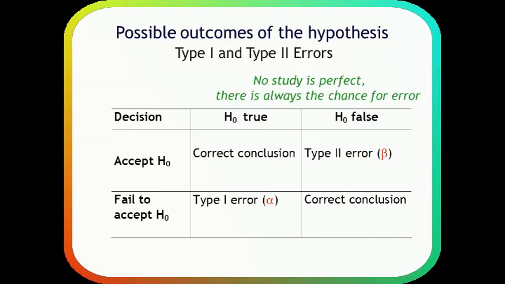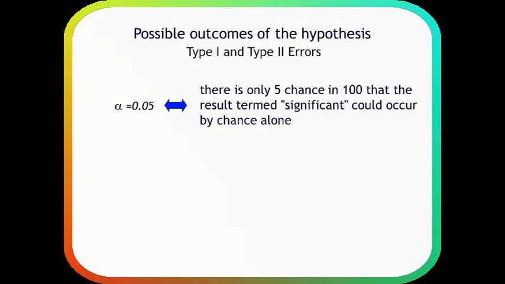Now let's talk a bit about alpha and beta and the relationship between them. If you remember, we said that we choose our alpha, which I also mentioned earlier as the allowable error. For conventional purposes, we use alpha as 0.05. To revise, when you say that alpha is 0.05, it means that there is only a 5 in 100 chance that your result is going to be termed significant due to chance alone.